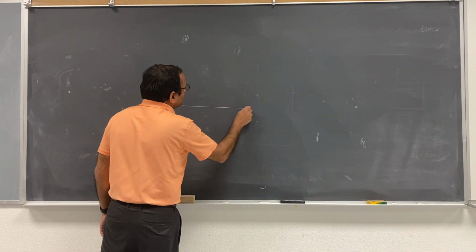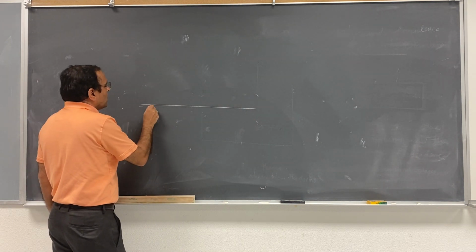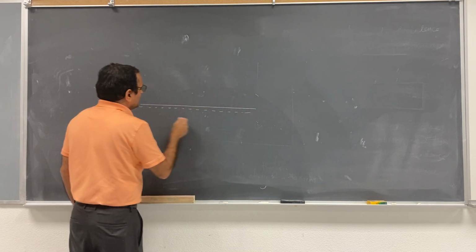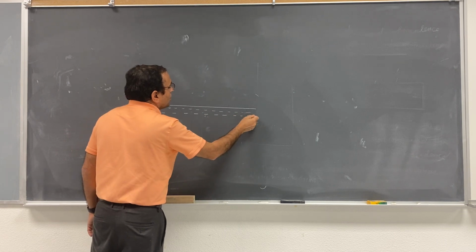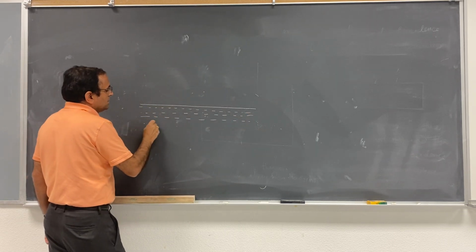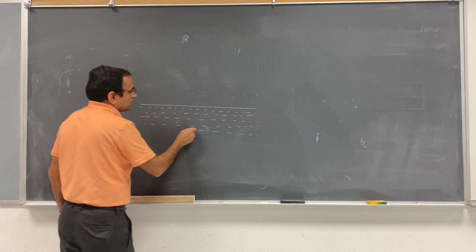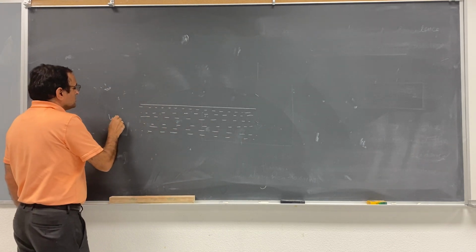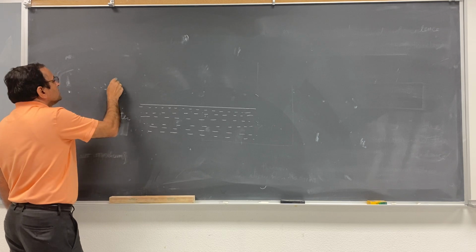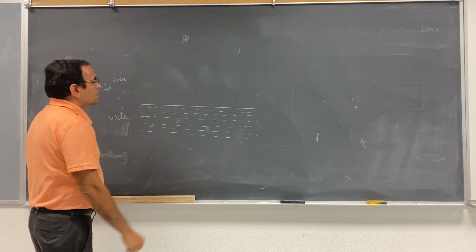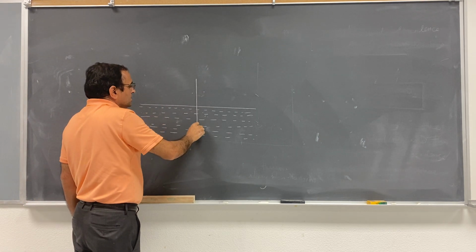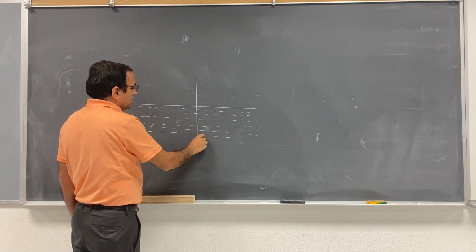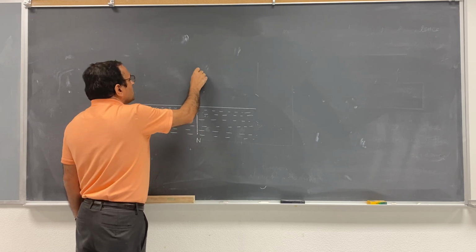Let us suppose this is water, optically thick medium. And this is air. And let me draw the normal first. This is a normal, N, O, N prime.